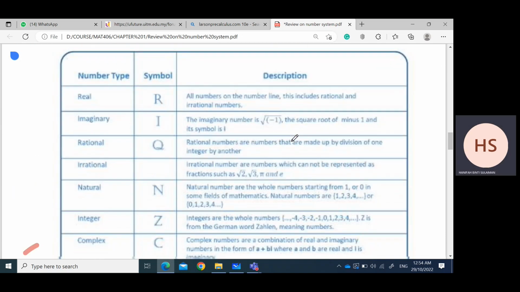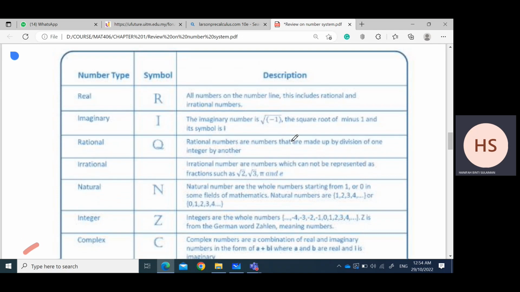Okay, so next. Okay, so this one is a symbol of number. Okay, so kita ada 3 kolom dekat sini. The first one here is about number type and followed by symbol and description. Okay, so jenis number yang pertama adalah real number.